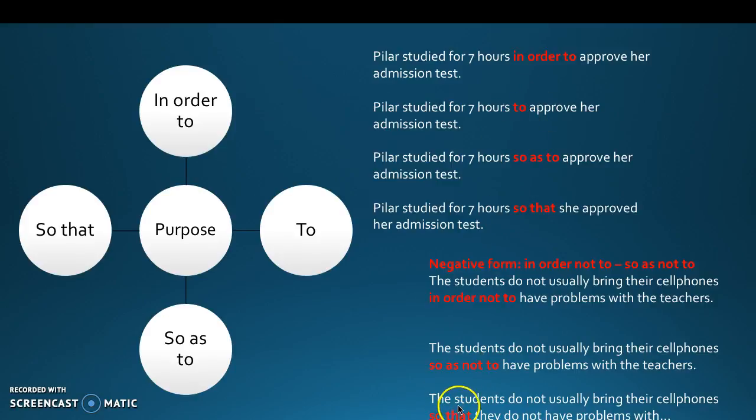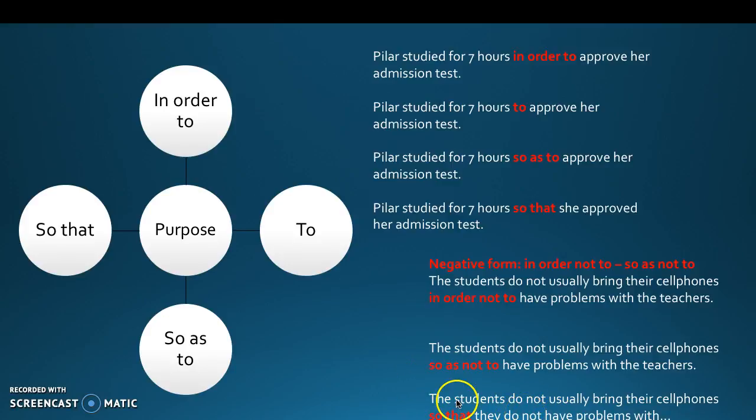To give the same meaning with so that, we have to make a negative sentence. So we say: the students do not usually bring their cell phones so that they do not have problems with the teachers. As you can see, we don't include not here, but we put the negative structure in this part.